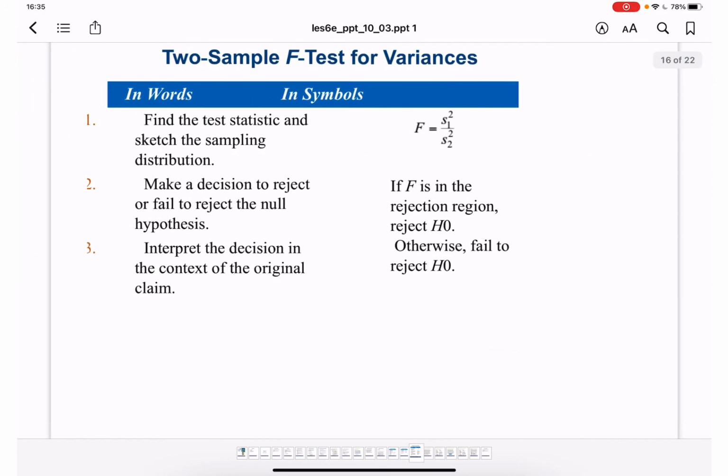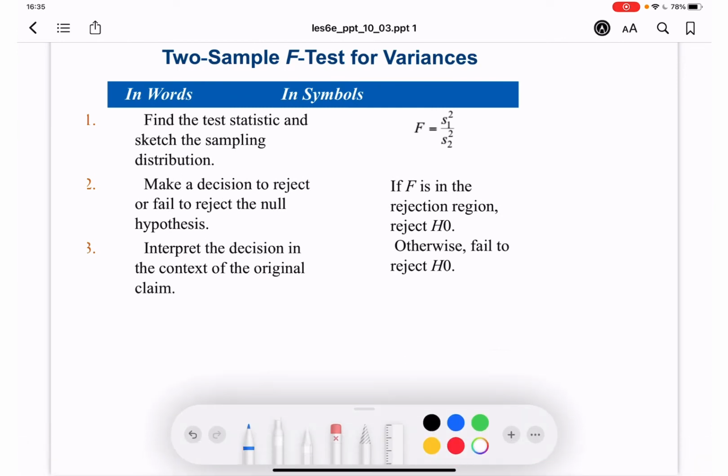The only thing I would mark down here, although I already mentioned it, is that it never hurts to repeat. When our test statistic F is in the rejection area, then we reject the null hypothesis.